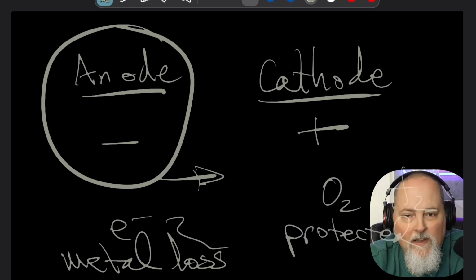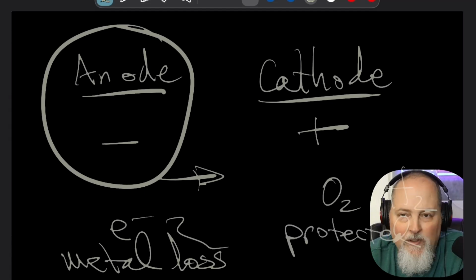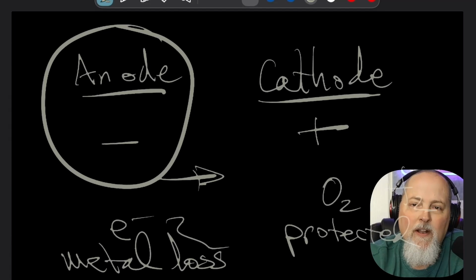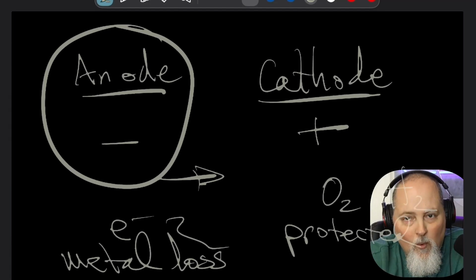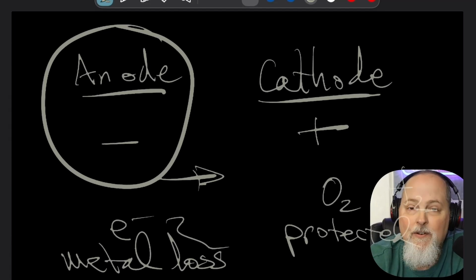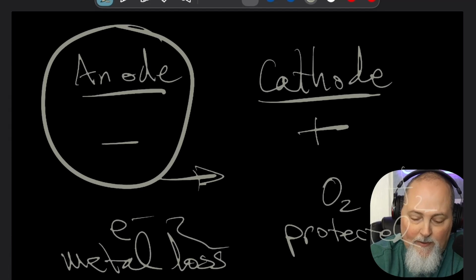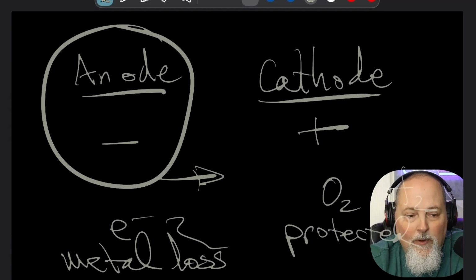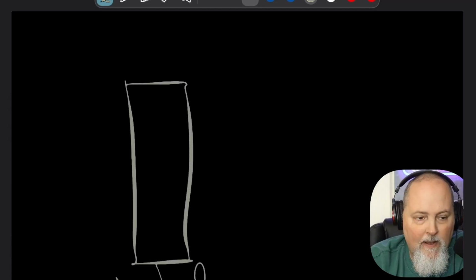And of course we have the electrolyte, which is the conducting water. The more conductive the water is, the more oxidation and the more electrolytic process you have going on.